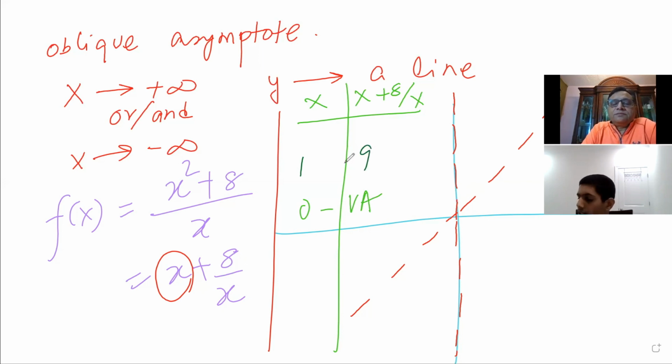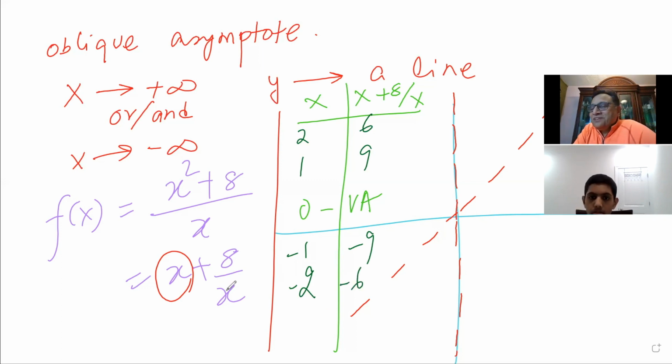If I put 2 here, 2 plus 4, 6. Let me put minus 1 now: minus 1 and minus 8, which is minus 9. And if I put minus 2, minus 2 and minus 4 means minus 6.